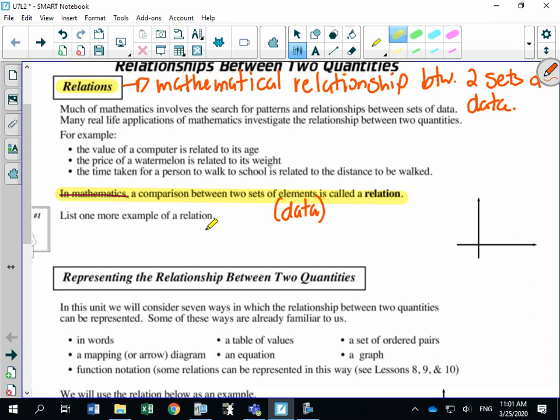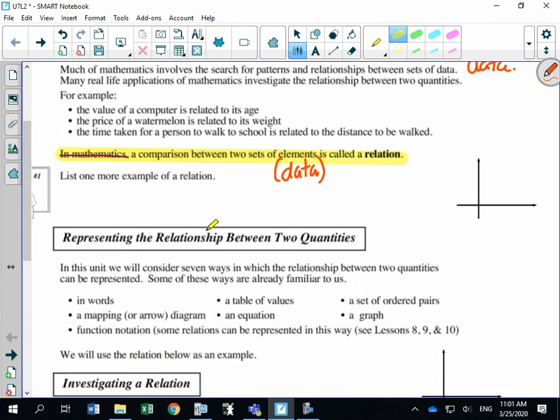So an example for class, example 1, it says list an example of a relation. So a real life example of a relation is the money earned working. So the money that you earn working, what would that be related to?